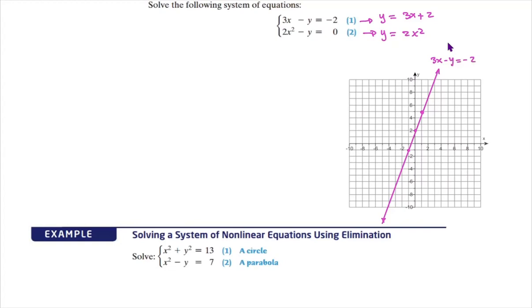And then we're going to graph the second equation, that is y equals 2x squared. So we know that this is going to pass through 0, 0, right? And if x equals 1, y equals 2.